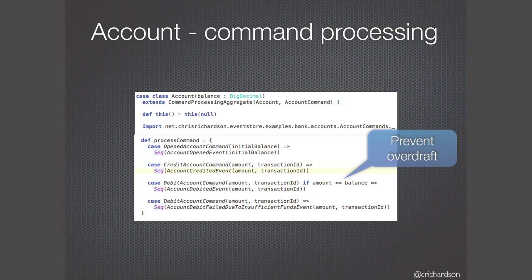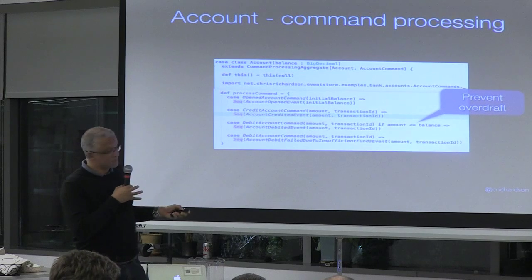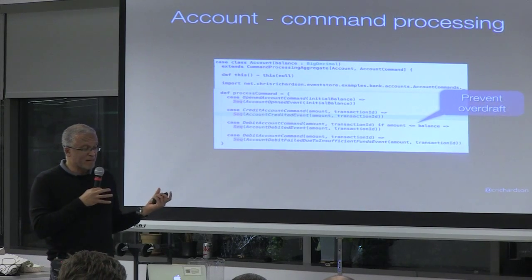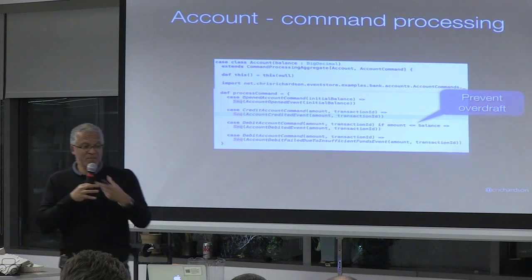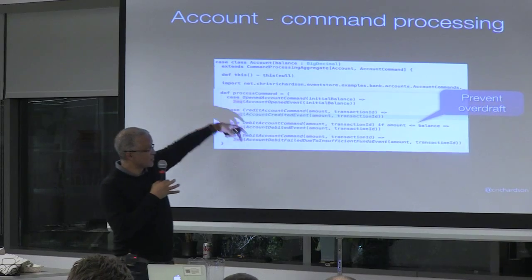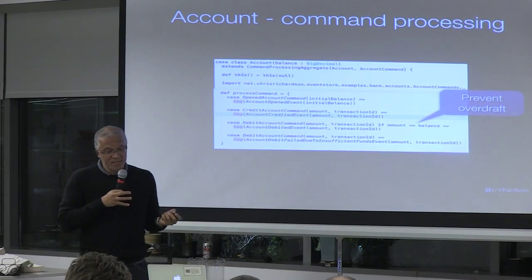So here's an example of the account. Account implements the command processing aggregate. You can see there's a process command method that's using Scala pattern matching to map each incoming command to a sequence of events. And there's an overdraft check in there, as you'd expect.